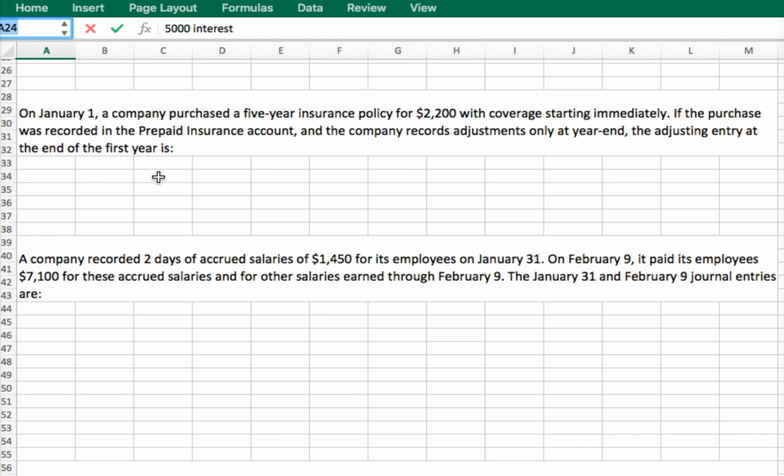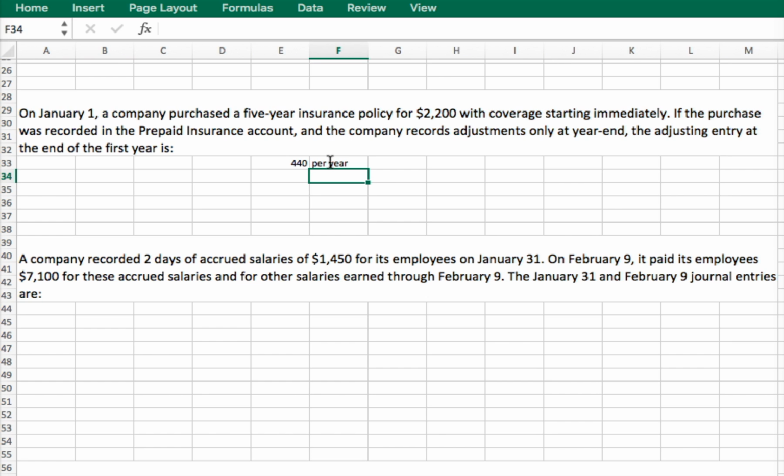So the first thing we want to do is figure out how much worth of this policy we use up in 1 year. To do that, we're just dividing the 5-year policy premium into 5 years. So I have 2,200 divided by 5, $440 per year.